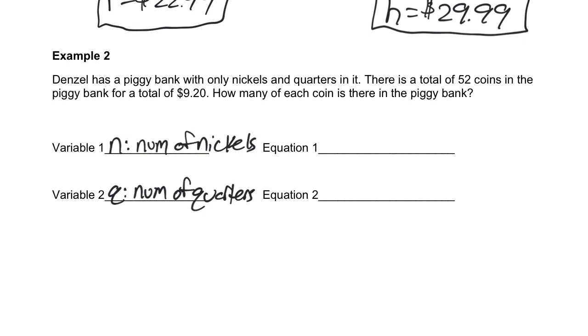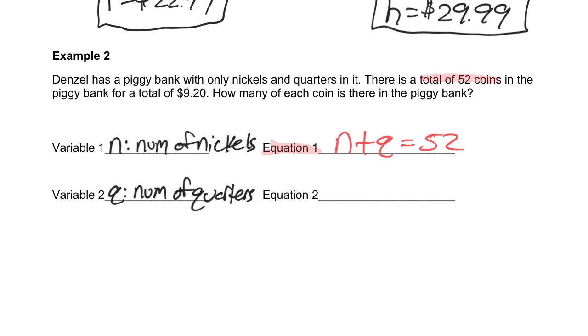All right, and then two different equations. Notice we have two different totals. The first one is a total number of coins. So that'll be for equation number 1. Total number of coins. That means if I take the total number of nickels plus the total number of quarters, it equals 52 coins.